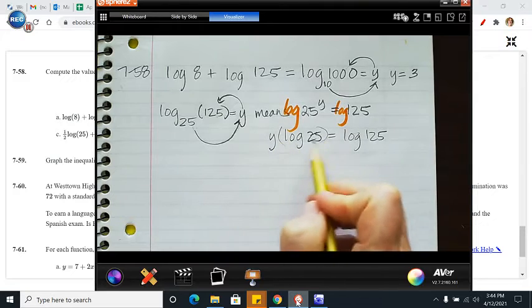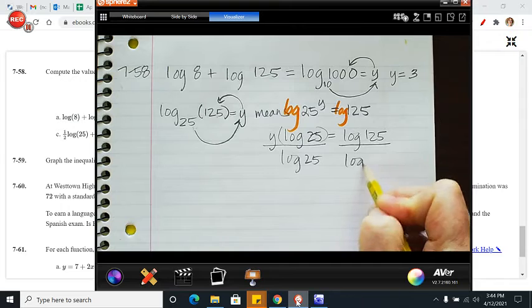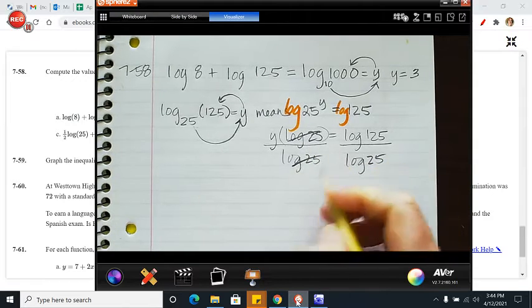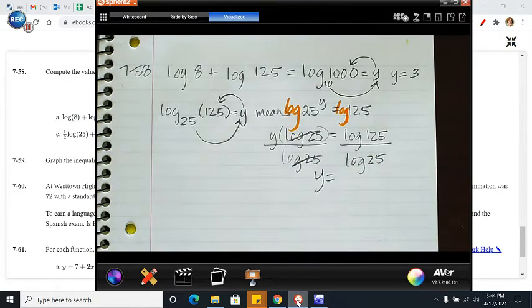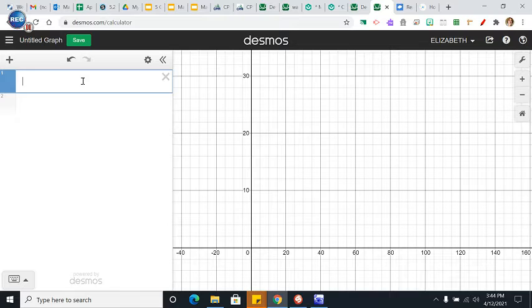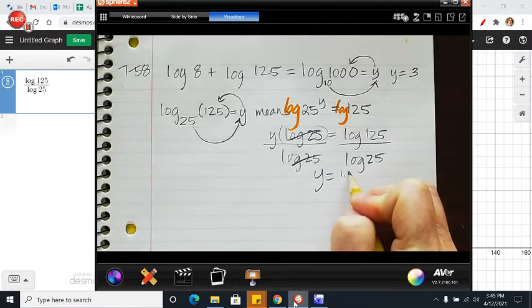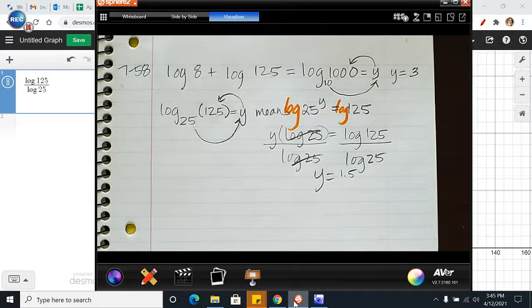And then to get y by itself, divide both sides by log 25. So that would be 1.5, 3 over 2. Okay.